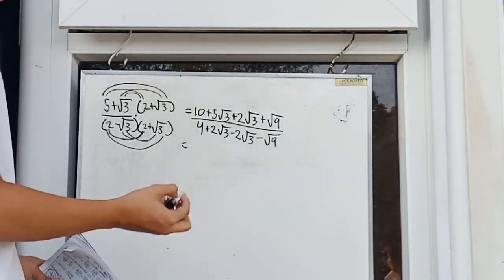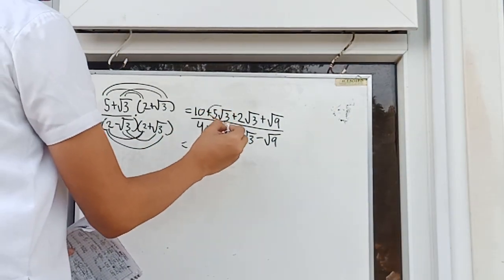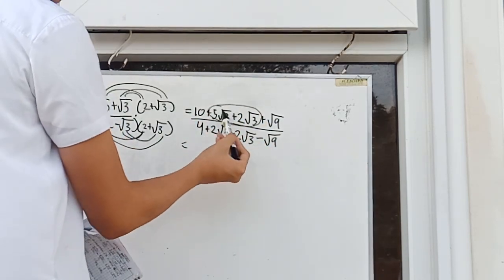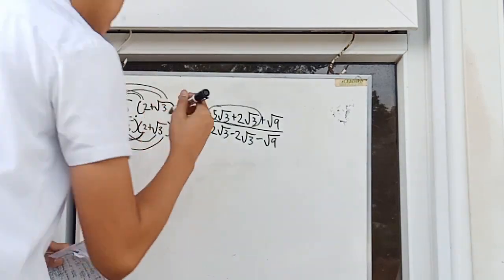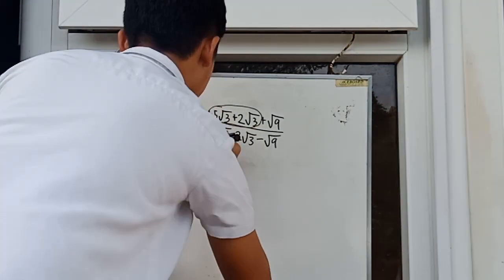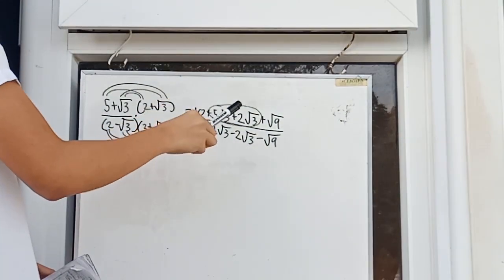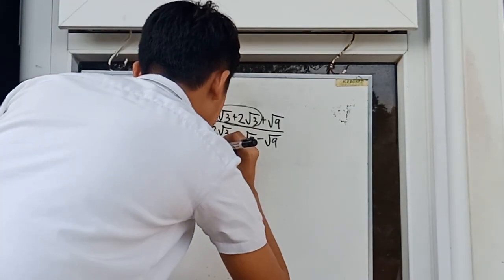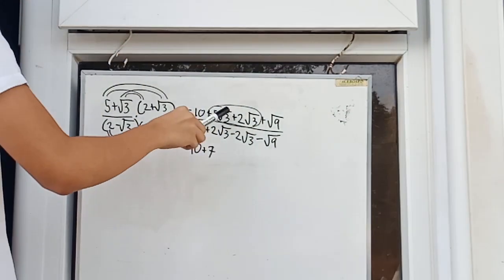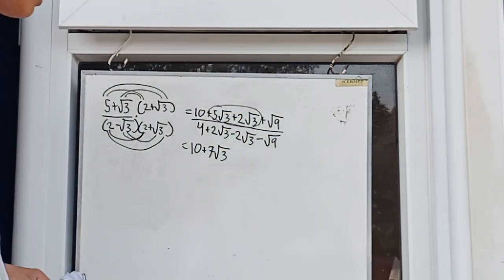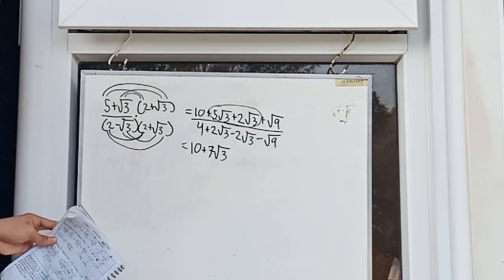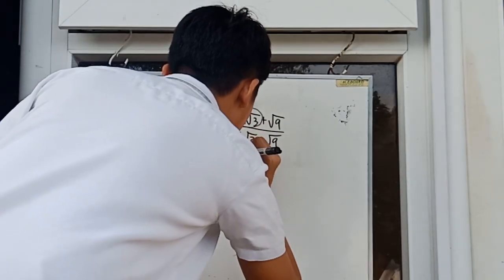As you can see here in the numerator, the middle terms both have the same radical, so we can combine them. So 5 plus 2, oh wait, let's just put 10 first. Now, 5 plus 2 is 7, positive 7, and you don't move the radical, it just stays the same. Now, square root of 9 is 3, positive 3.